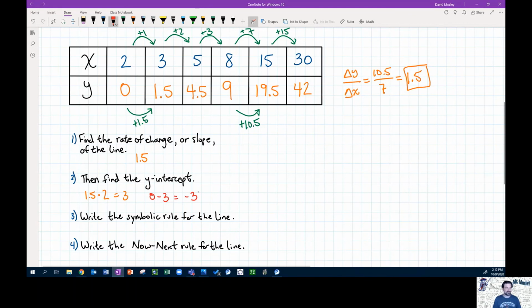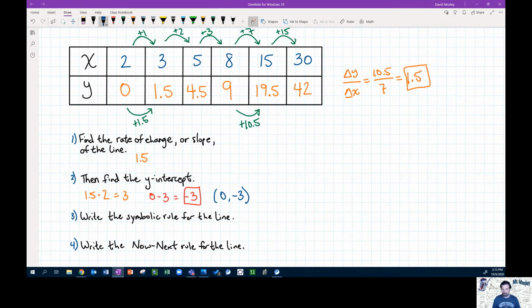That means when x equals 0, I move 2 steps backwards on x to get to 0, then y going backwards 2 rates of change will land at negative 3. So negative 3 is the y value of my y-intercept. So my coordinates will be (0, negative 3). Now we have the y-intercept.